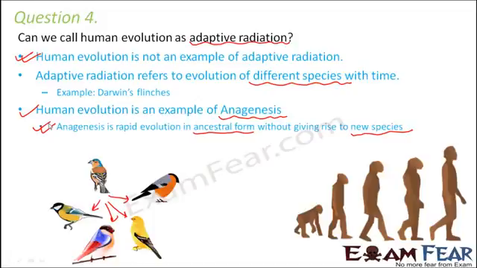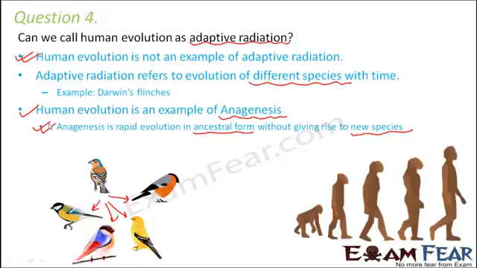Even the generations before Homo sapiens, like the Neanderthals, the Homo habilis, the Homo erectus, all of them have gone. So at one particular period of time, only one particular stage would exist in case of anagenesis. You will not have Homo habilis and Homo sapiens all existing together.